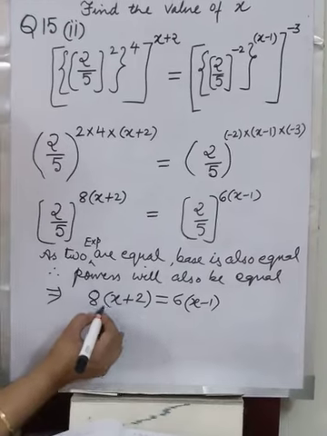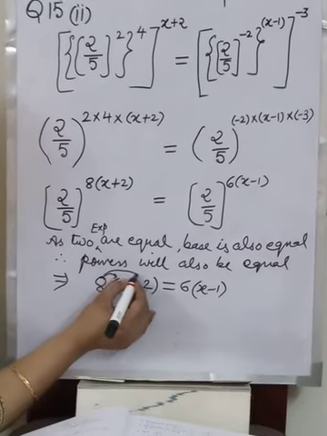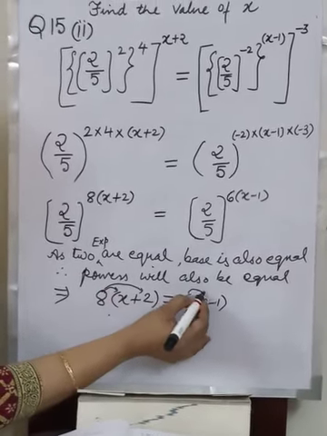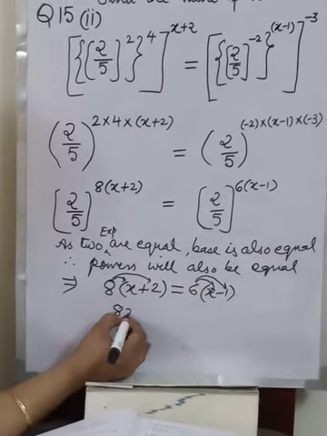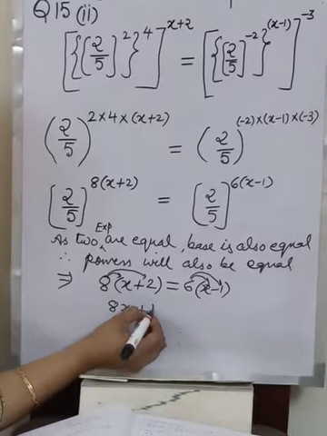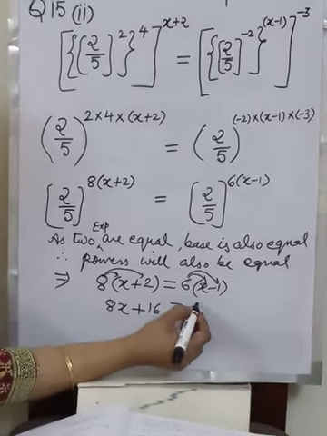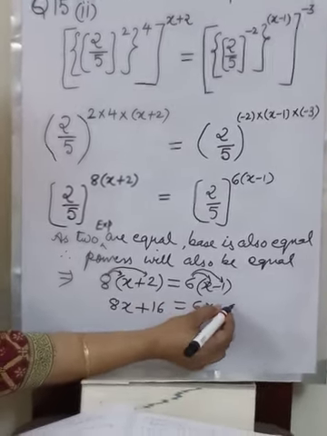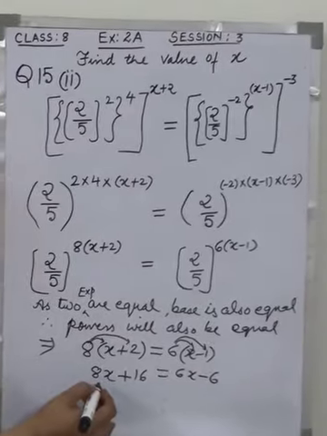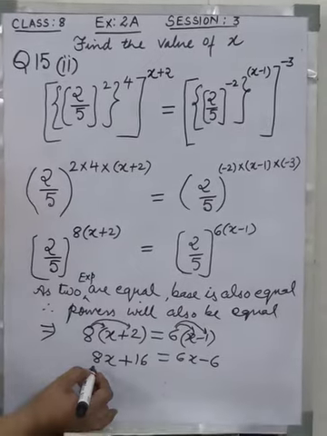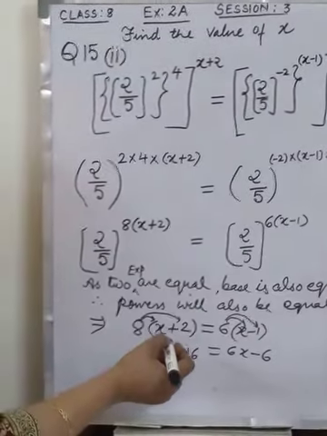8 will be multiplied with x as well as with 2. 6 will be multiplied with x as well as with minus 1. So what we get? 8x plus 16 is equal to 6x minus 6. We transpose variable on one side, that is left side, and the constant on the right side.